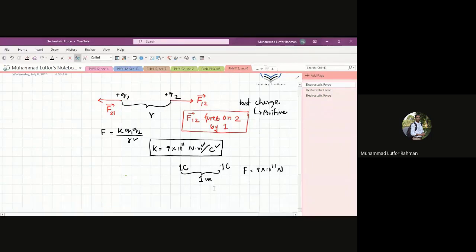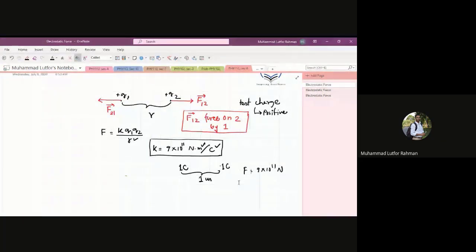And 1 Coulomb is a very big amount of charge. So if you keep two 1 Coulomb charges separated by 1 meter, then with the same polarity they will repel, or with different polarity they will attract each other.